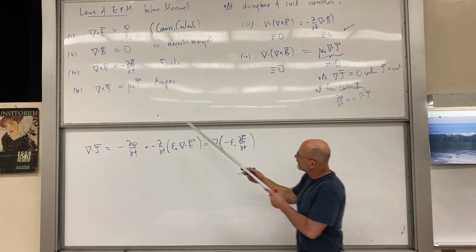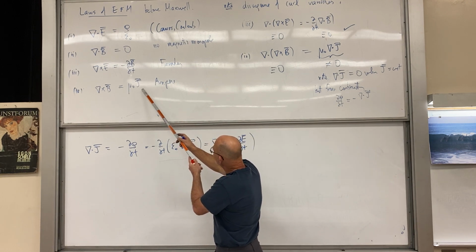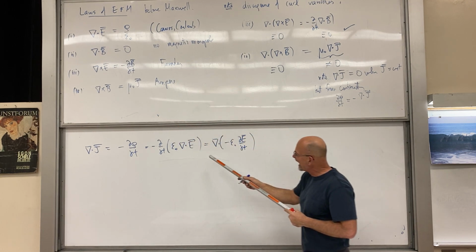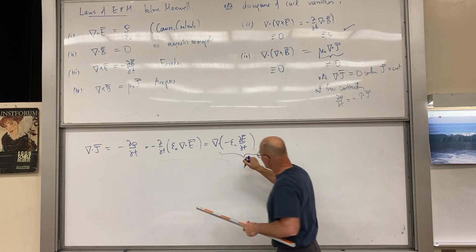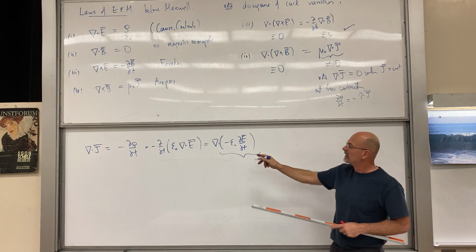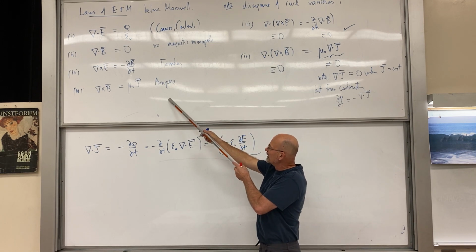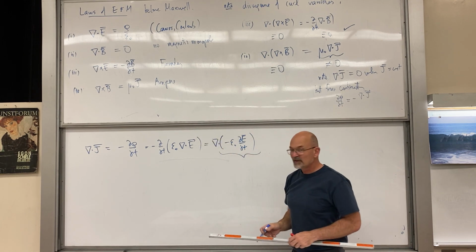And where we have a mu naught J, what we're going to do is add a mu naught times this thing here to our current. And that's all we have to do.